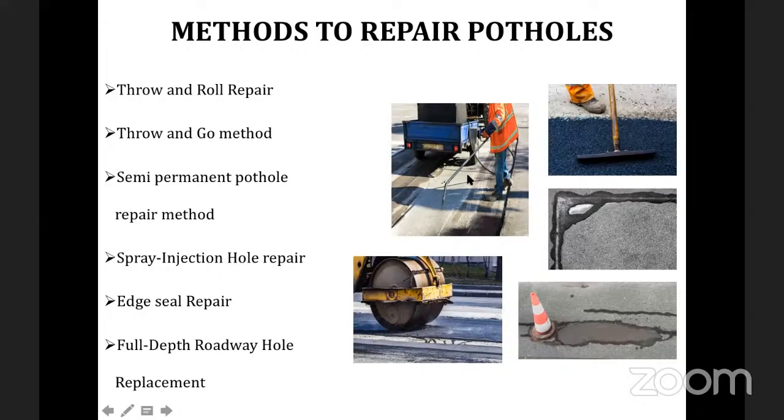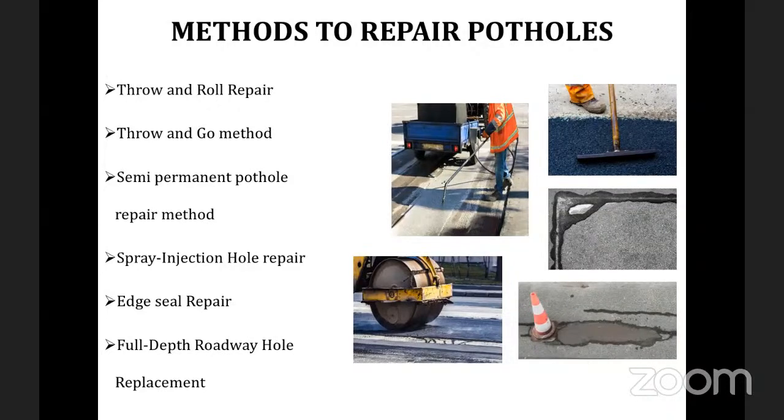So next comes the edge seal. In the edge seal procedure, the material will be placed into the pothole without any prior preparation or removal of water or debris. The material will be compacted using truck tires or the vibratory roller. Then the compacted patch will be checked for levelness. If we see any depression or something like that, then it will be rolled again.